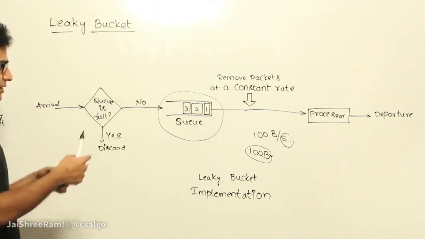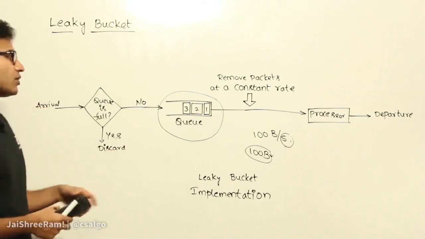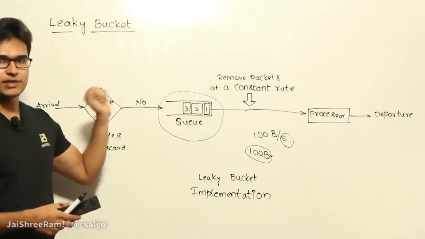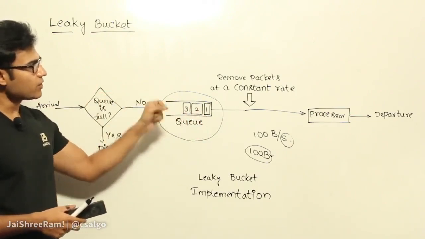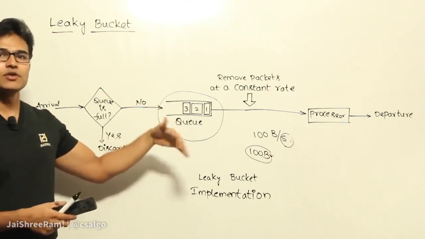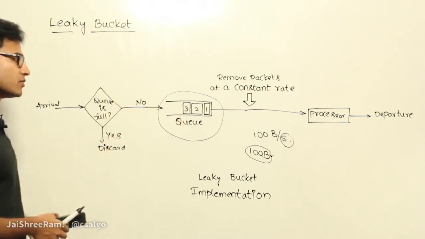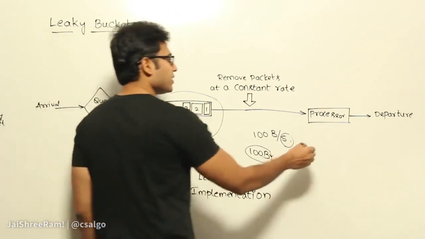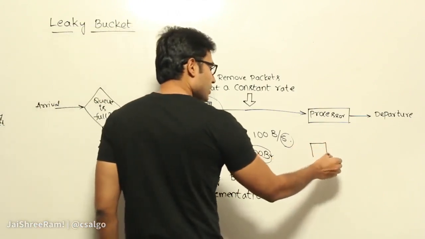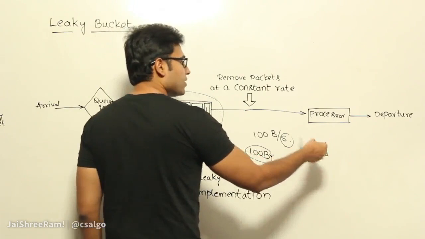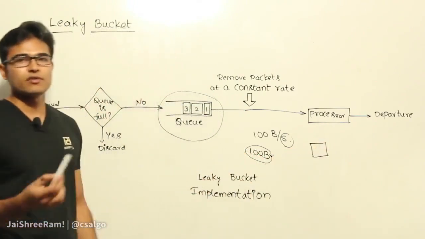In case the size of the packet is not constant, if each packet is of a different size, then you have to wait until you accumulate that many bytes. So you can have a counter here, and this counter is incremented every second or every clock tick.